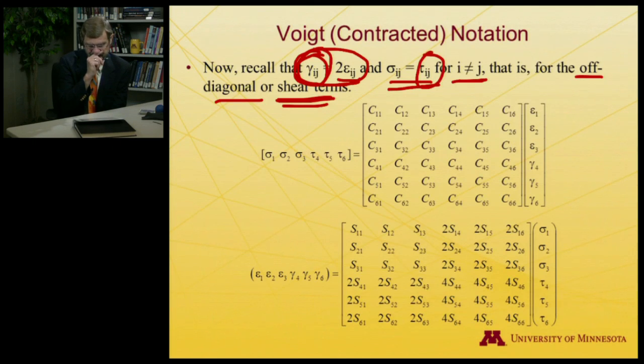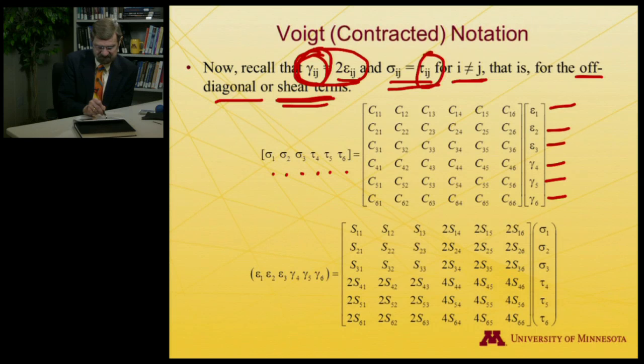And if I rewrite the stiffness and compliance tensors in that form, then I have sigma 1, sigma 2, sigma 3, tau 4, tau 5, and tau 6. And on this side, I get rid of the 2's that appeared in the strain term before. And so it becomes epsilon 1, epsilon 2, epsilon 3, and then gamma 4, gamma 5, gamma 6. And now I could write out the strain in terms of the compliance tensor, the S's.